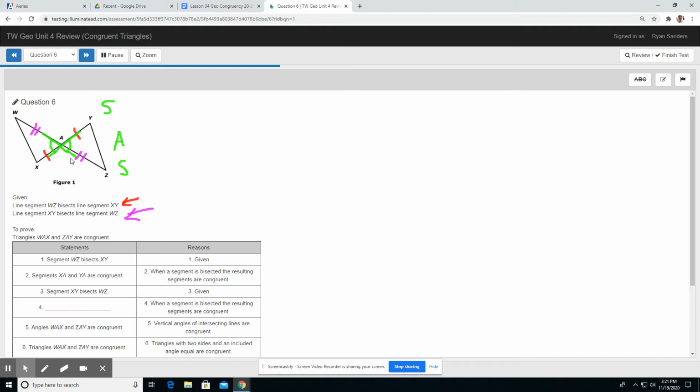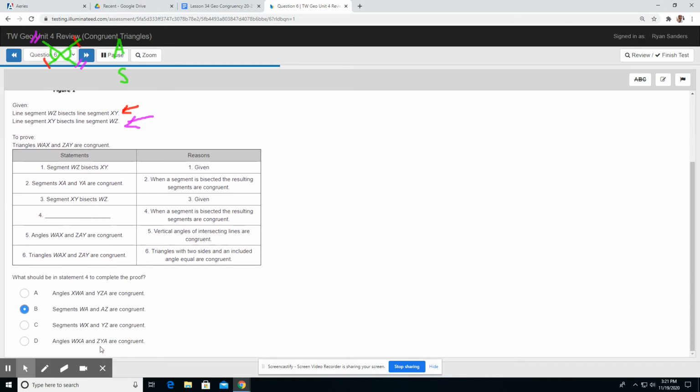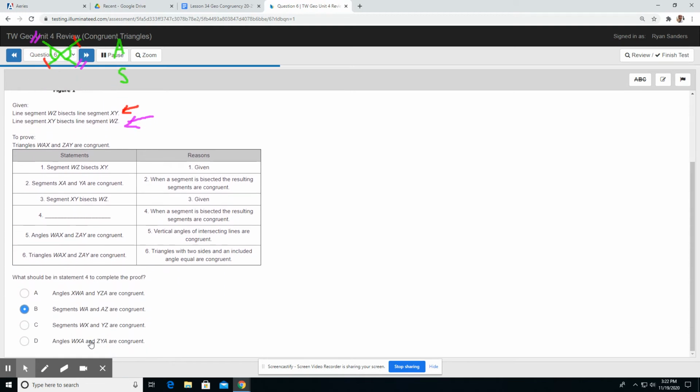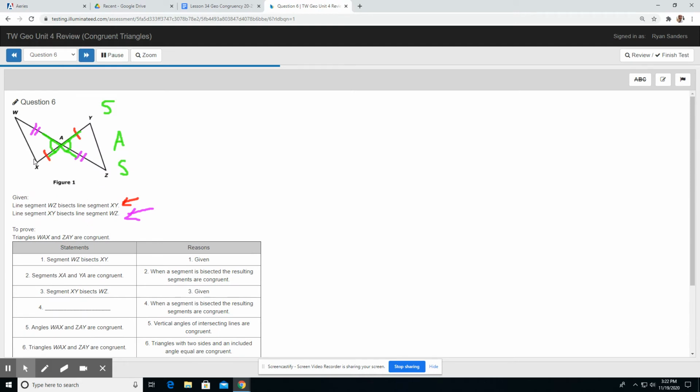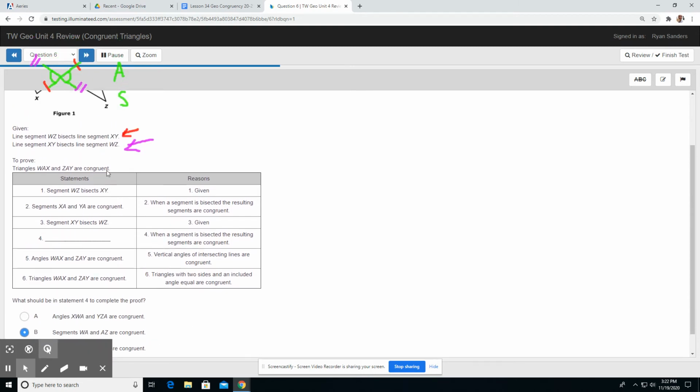Nope, they never gave us anything about that. And angles WXA and ZYA? Nope, they never gave us anything about those. So it's definitely that one. Good. WA and AZ, yep.